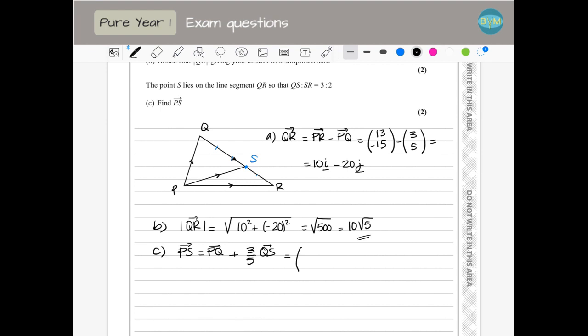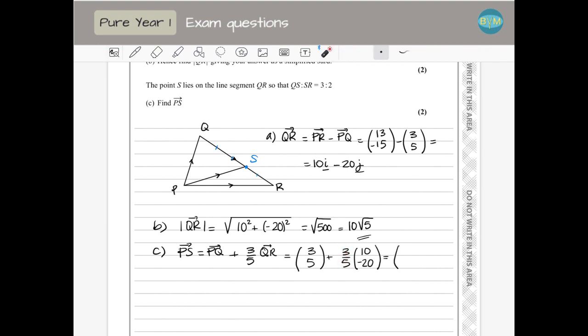PQ is 3, 5, plus 3 fifths of QR. QR is the one that we found before, so 10, minus 20, and we just multiply.